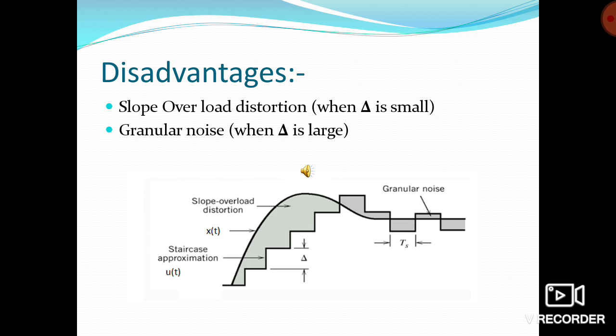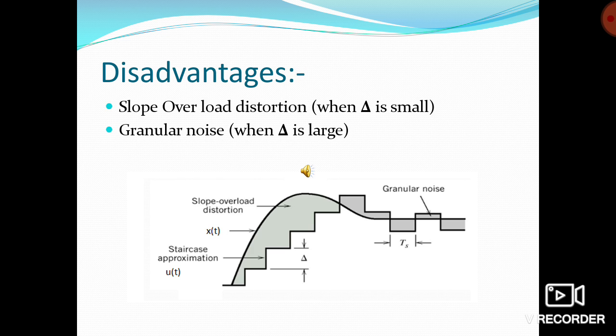From the waveform, we can see the slope overload distortion and granular noise. First, we will discuss slope overload distortion. When the rate of rise of the input signal x(t) is so high that the staircase signal cannot approximate the signal x(t), the step size del becomes too small for the staircase signal u(t) to follow the step segment of x(t).